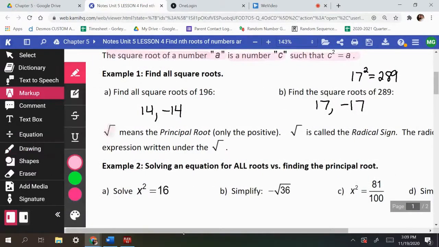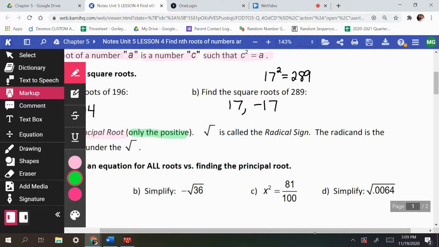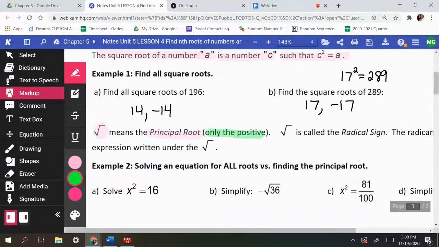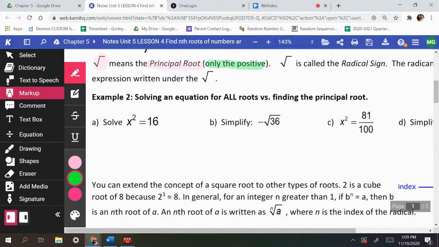This symbol right here is asking you for the principal root. So whenever you see that symbol, it's a little bit different than what we just did in example 1. You're only going to want to list the positive answer. That symbol is called a radical sign. The radicand is the expression written under the radical. Here we solve an equation for all roots versus finding the principal root.